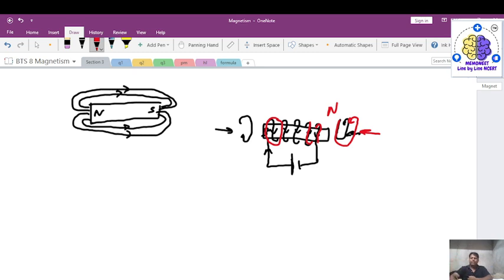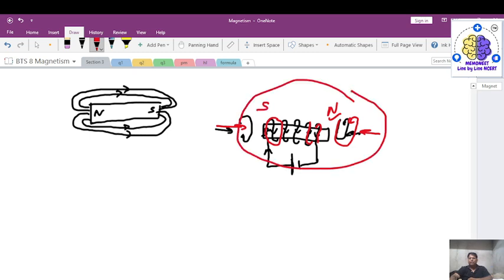So if the magnetic field is exiting this end, this will be the north pole, and if it is entering this end, this will be the south pole. So the solenoid is also nothing but a bar magnet having two poles, south and north, right? Inside the solenoid, the magnetic field will be from south to north. So your solenoid will also behave as a bar magnet.